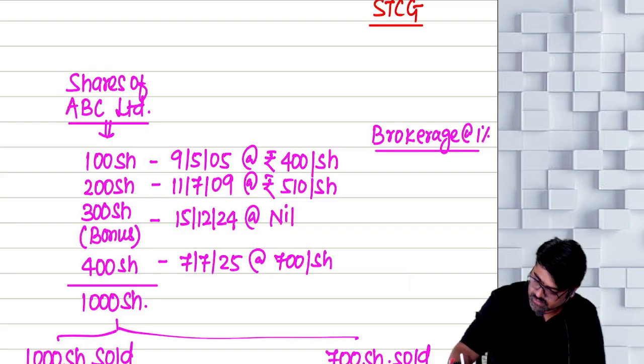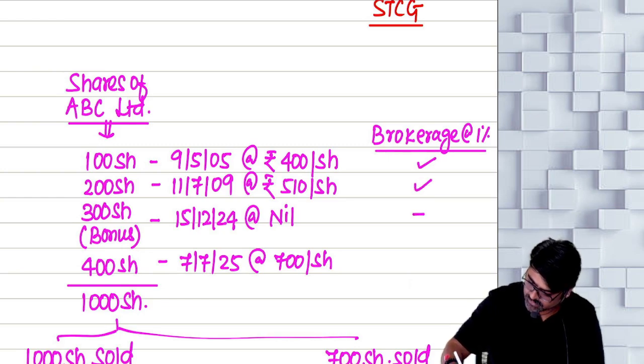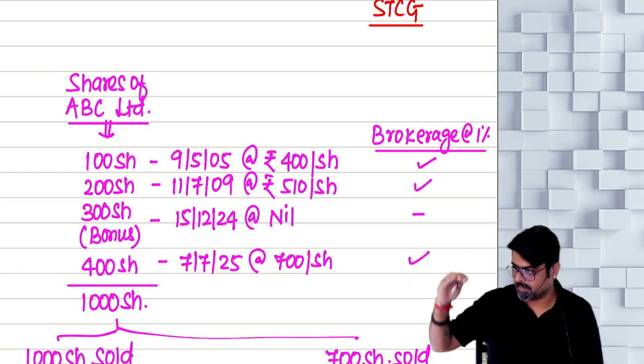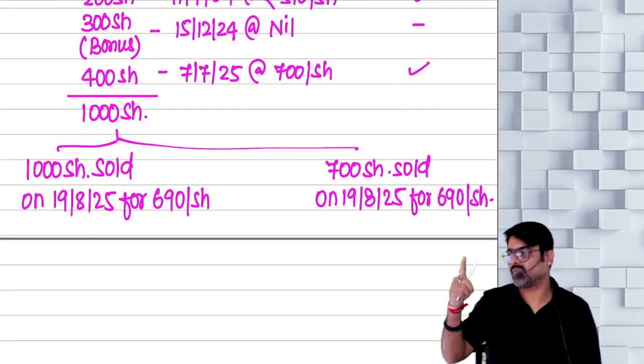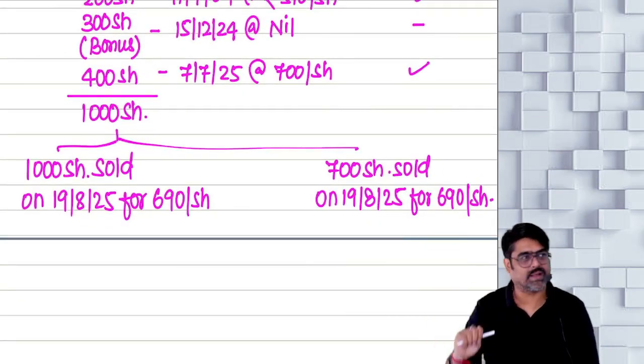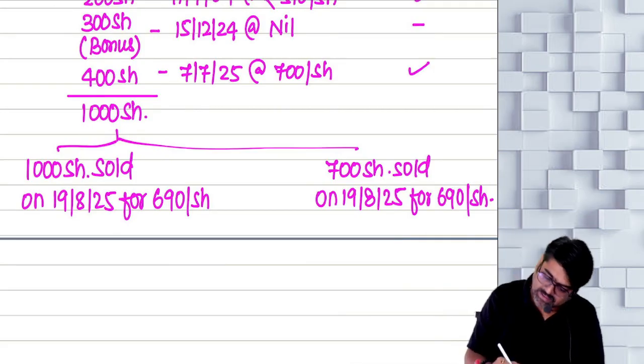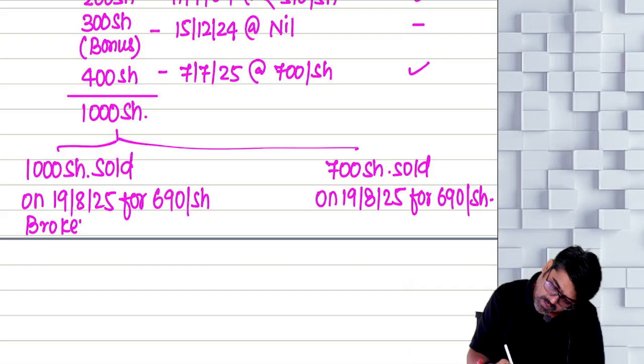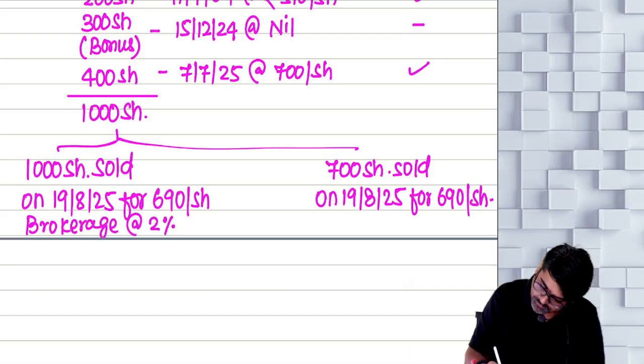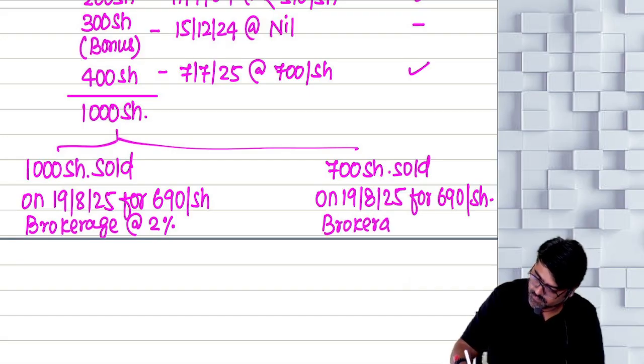At the time of giving the bonus shares, there will be no brokerage. Getting my point? And at the time of sale also, brokerage is given at the rate of 2%.